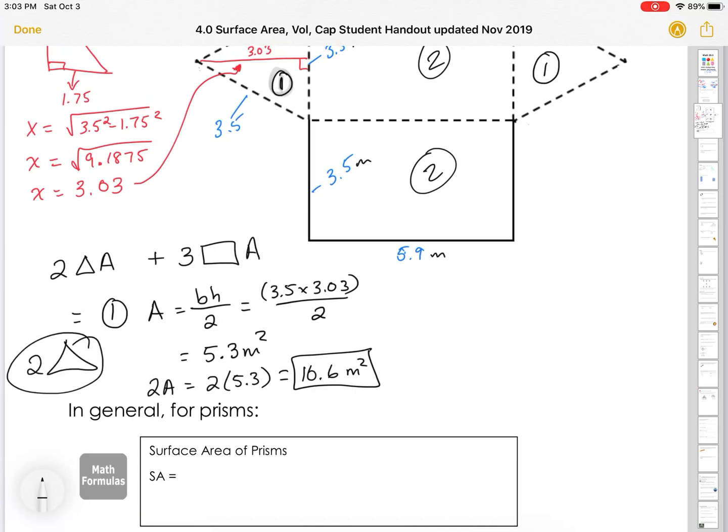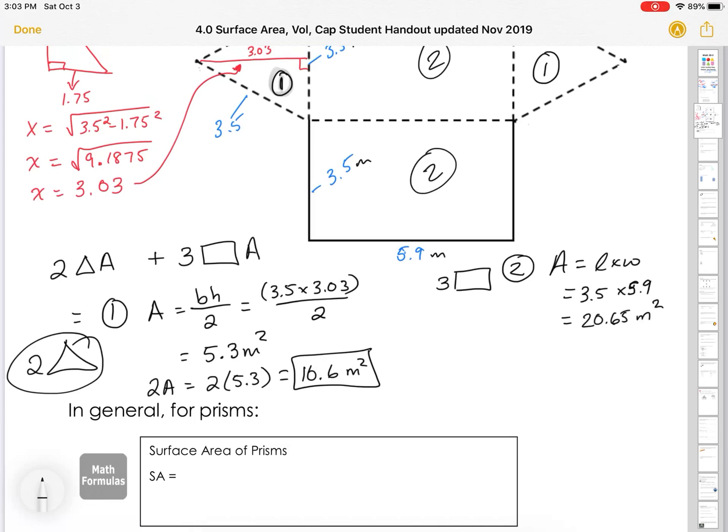Okay, 2 triangles. Now I have 3 rectangles. So this is shape number 2. Area is length times width, which is 3.5 times 5.9, which is 20.65.